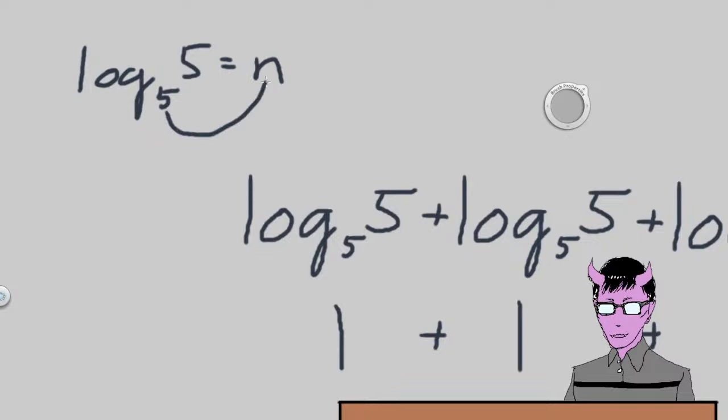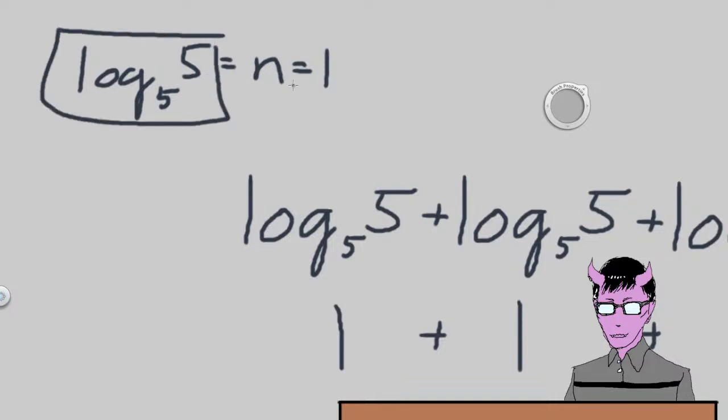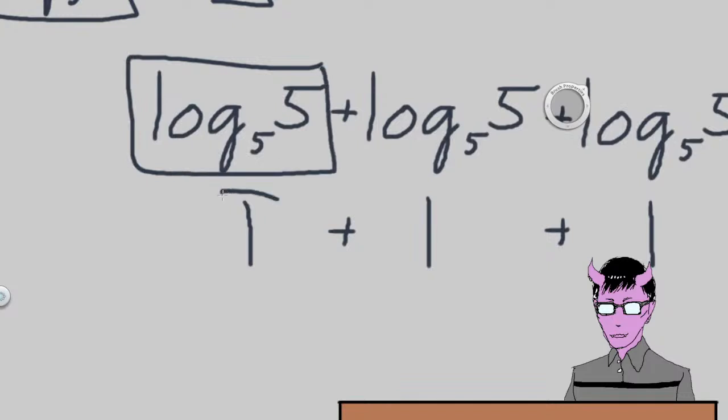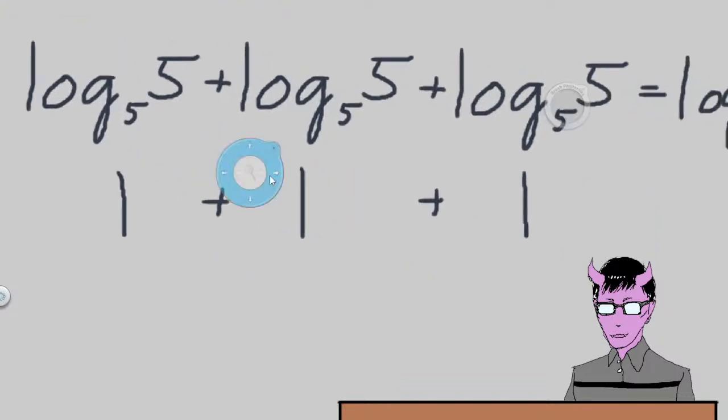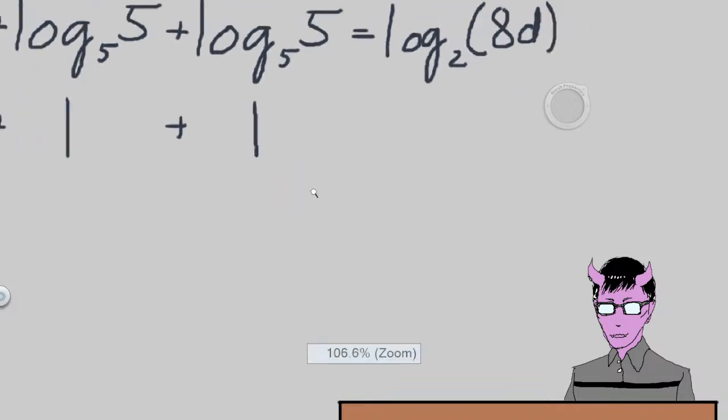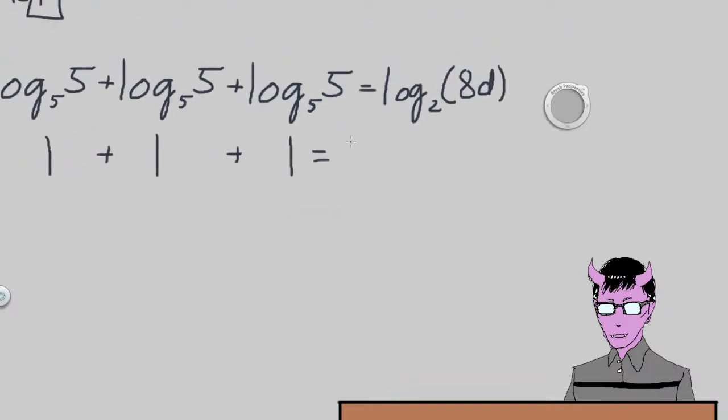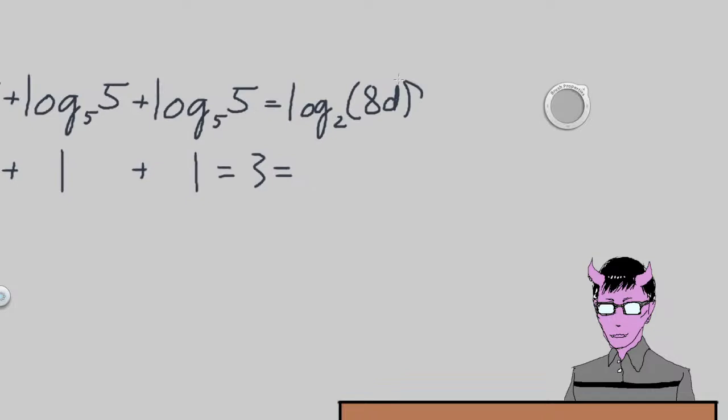So 5 to the power of what number gives us 5? That number must be 1. It's 5 to the power of 1 gives us 5. So this whole thing must be 1. Alright, so 1 plus 1 plus 1 is just 3. And 3 is equal to, copy paste the right hand side, log base 2 of 8 times d.